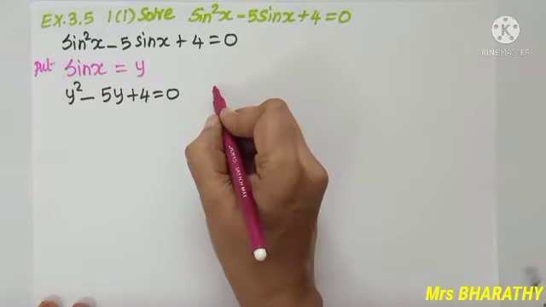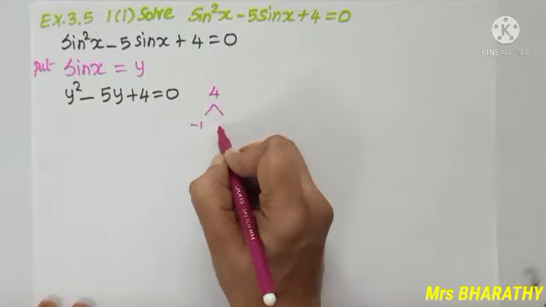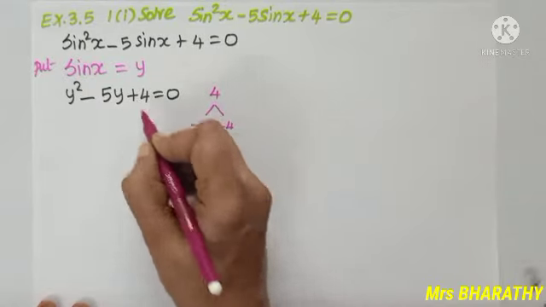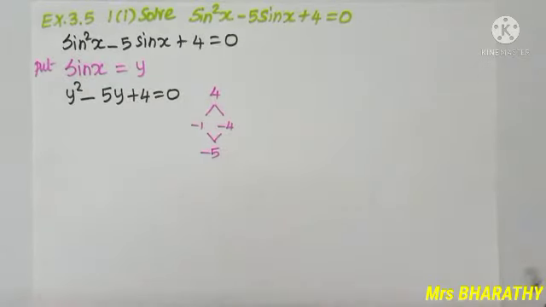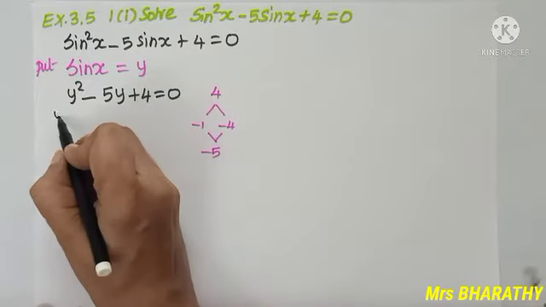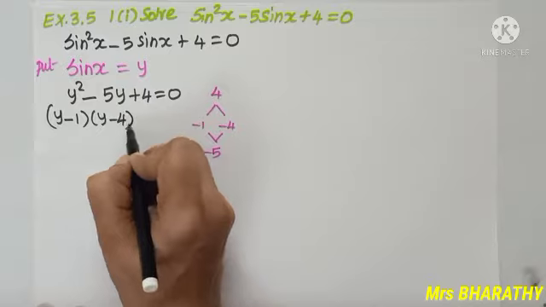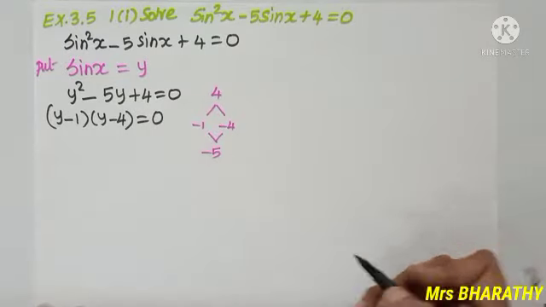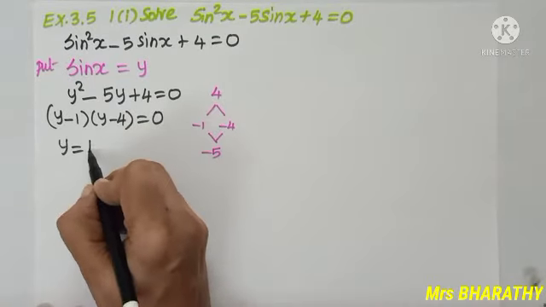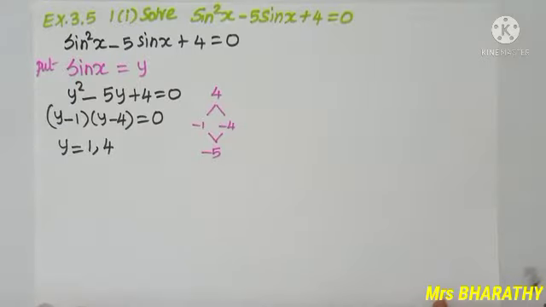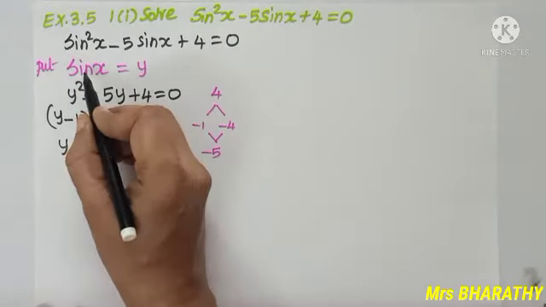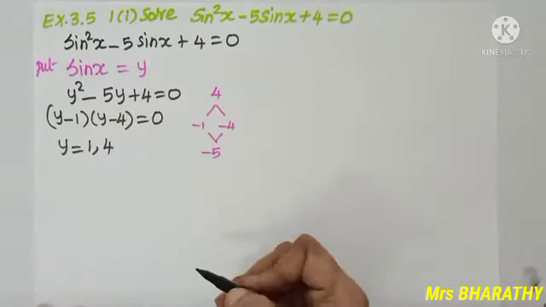Factorizing 4, I can say minus 1 and minus 4 together giving minus 5. So the factors are (y minus 1) into (y minus 4) equal to 0, or I get y is equal to 1, 4. My question is, y equals sin x.